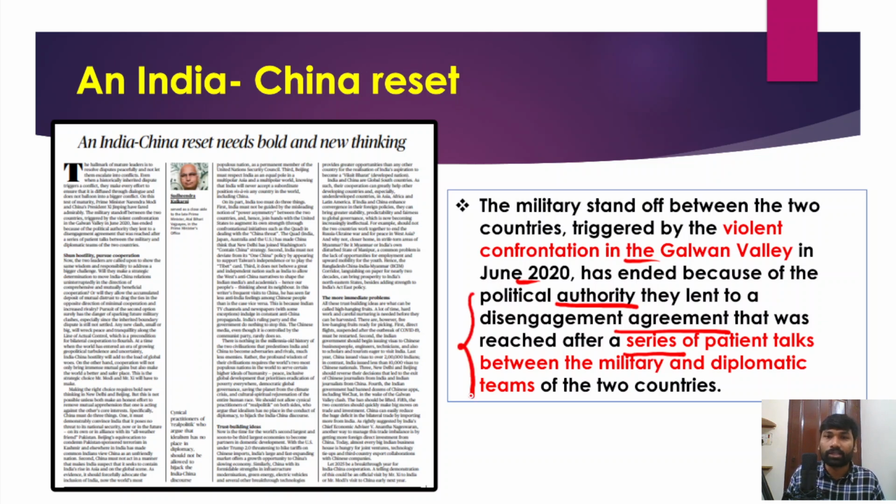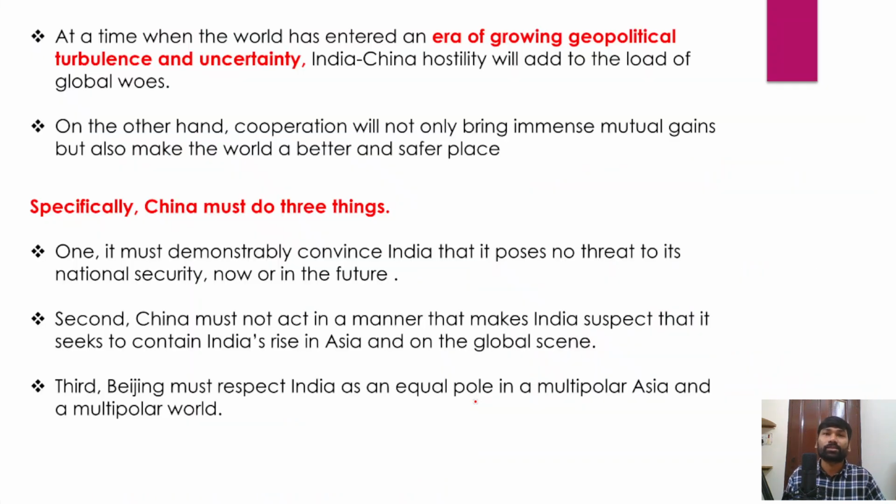So this is what the author has been telling us: the disengagement process on either side of the line of actual control has been completed because of a series of efforts by both military and diplomatic individuals.